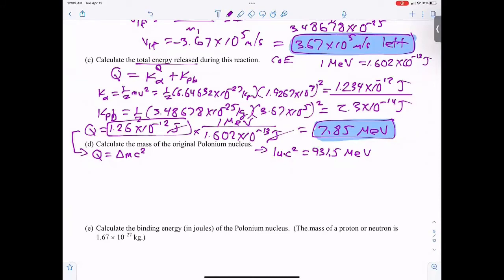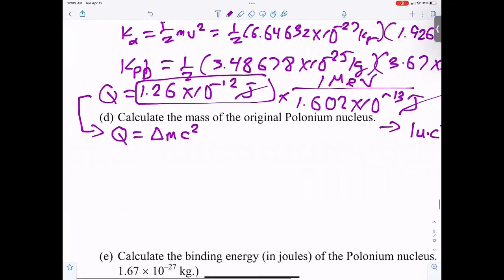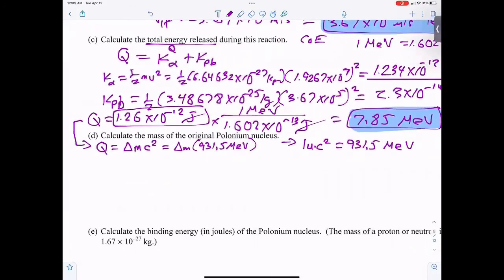So I know that I could rewrite this as delta M times 931.5 mega electron volts, because I'm substituting for C squared times 1 atomic mass unit.